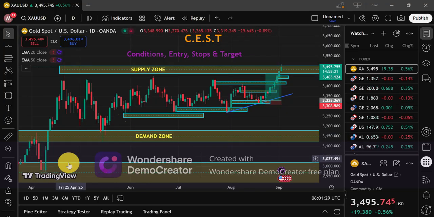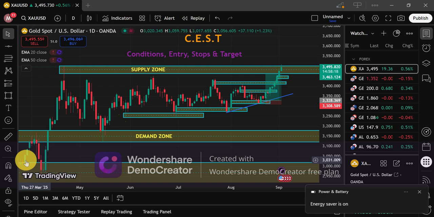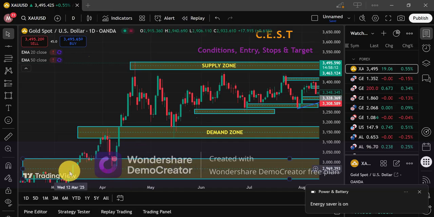Now, if you pay attention to this move, we have a 1 2 3 candlestick with this huge bullish engulfing candle, which happens to be a retest of liquidity in the previous month. This was a break and retest pattern, and then this engulfing candle led to this huge move.